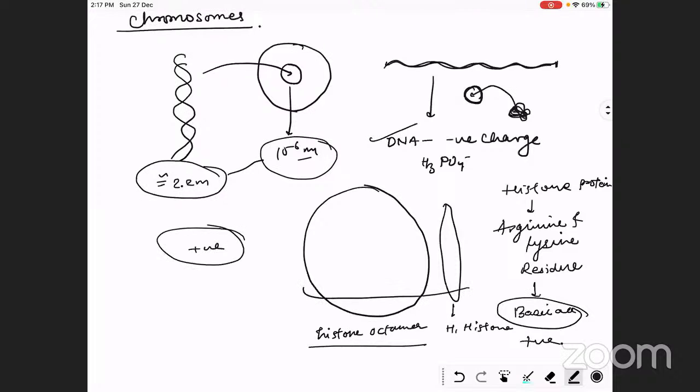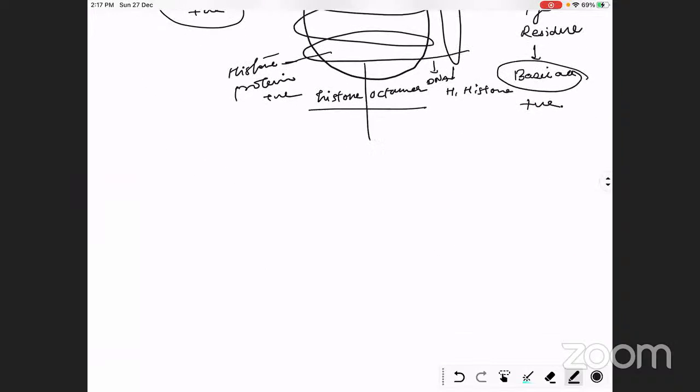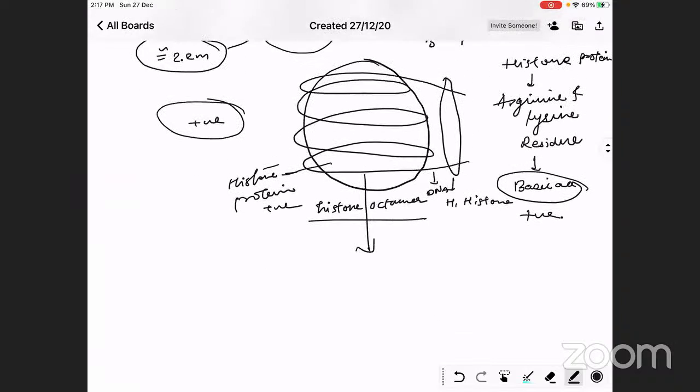There will be the wrapping of the DNA over the histone protein. Simple. Okay, since histone protein is positively charged and DNA has a negative charge, there will be wrapping of the DNA on the histone protein, and this structure formed is known as the nucleosome.